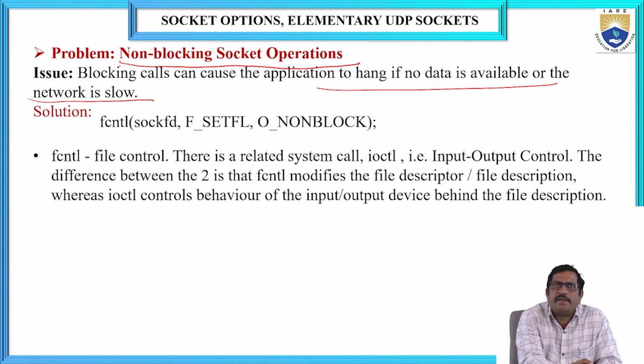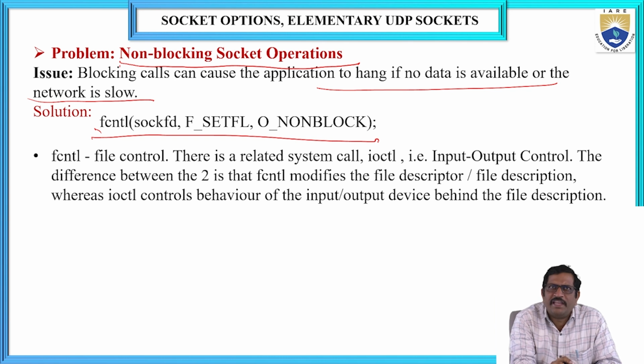The solution is the fcntl function. With the help of this function, we can control the files we are transmitting. fcntl is a file control function, in which many operations can be controlled. It controls the file descriptors, using F_SETFL with O_NONBLOCK.